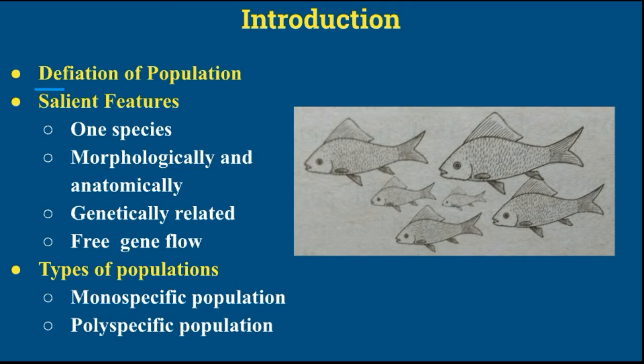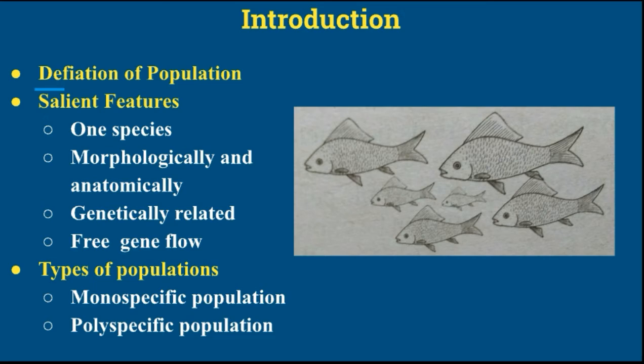That is called the species population. And there is free gene flow between the individuals of a population. No other kind of gene enters the same population. So these are the salient features of the population.